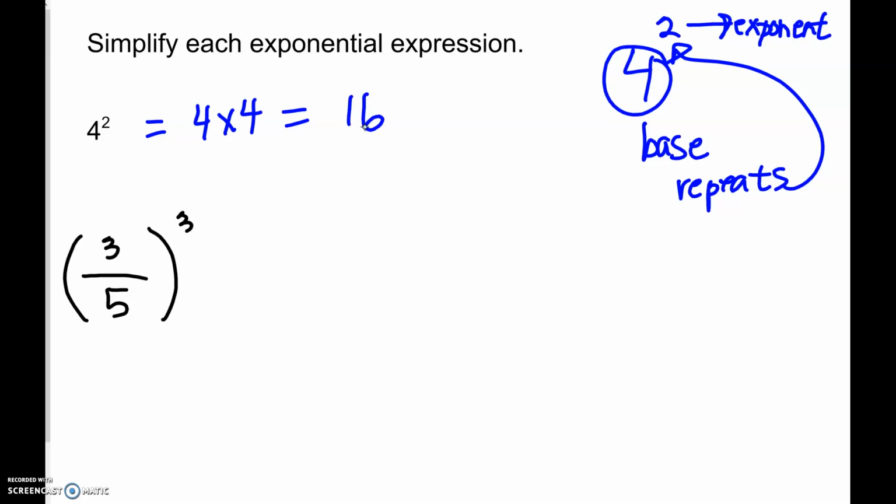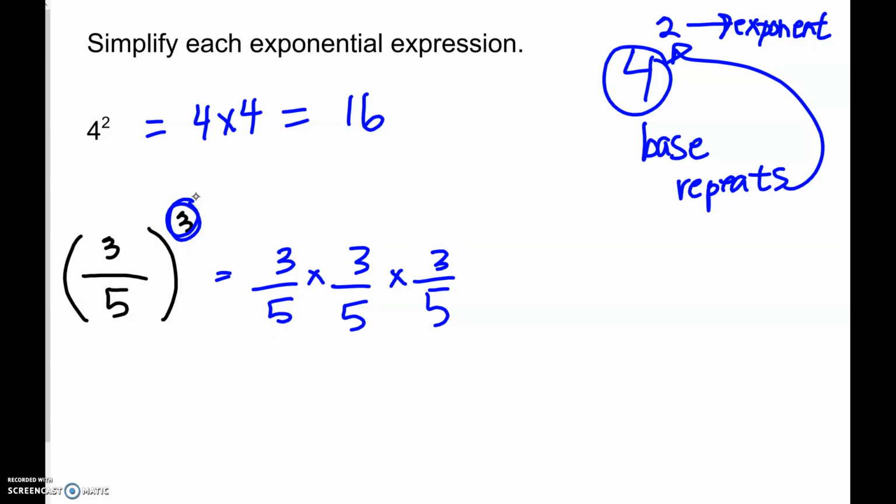All right, in the second problem here, we have a fraction 3/5. So the base, the factor that is repeating, is 3/5. And then we have the exponent 3. So what this means is we're going to take 3/5 times 3/5 times 3/5. So we have 3 of them because of this exponent. Now, just like in the last one, when you're multiplying fractions, we multiply straight across the top.